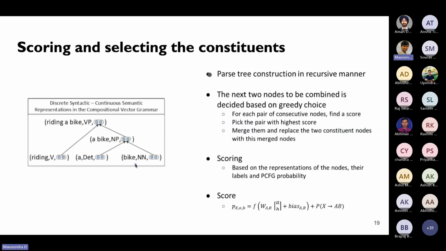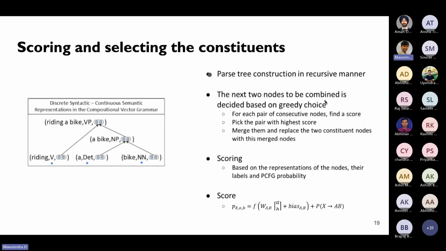Suppose riding a bike, these are three words. For riding, suppose the label is verb, for a it's determiner, and for bike it is nominal. So this is parse tree construction in a recursive manner.